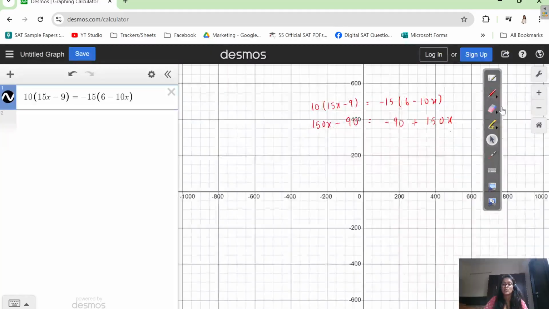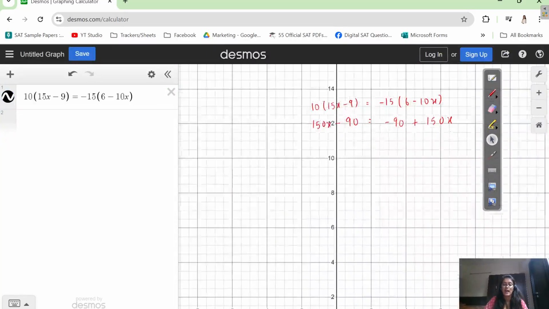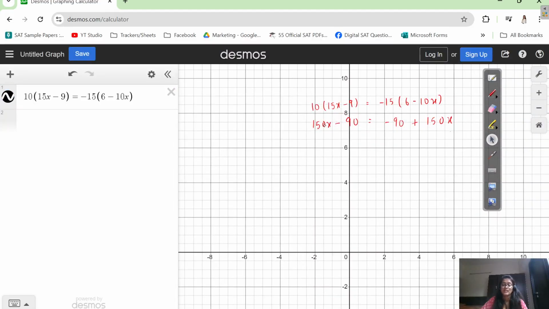This might make you think that this equation has no solution, but that's not true. This is the incorrect way of plotting the equation. What you should do is plot the graph of the left hand side separately and the graph of the right hand side separately.